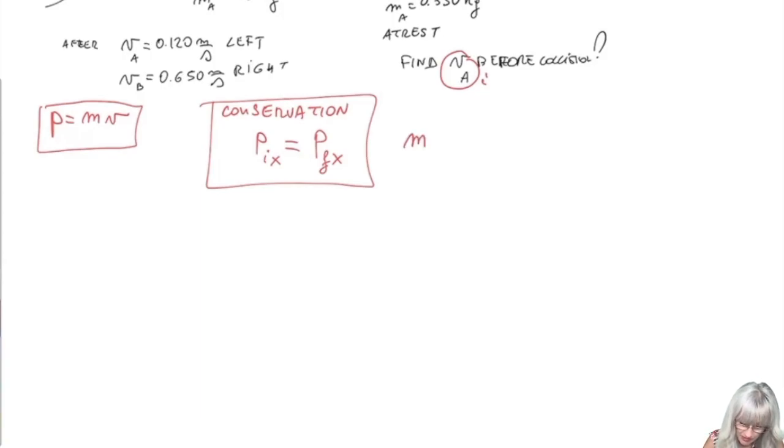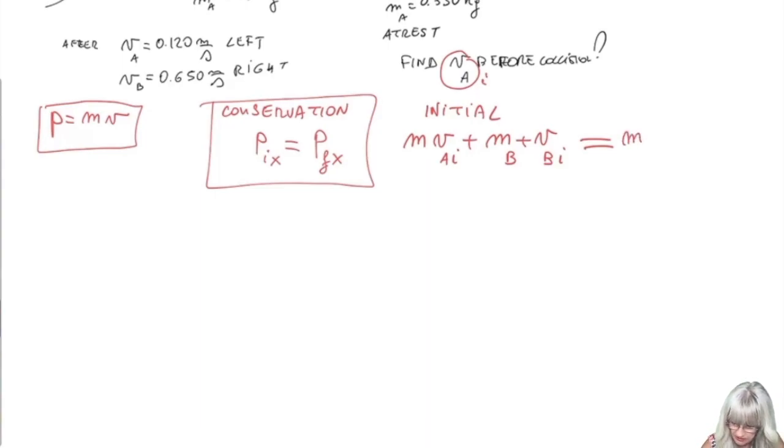It says mass A, velocity of A initially, plus, there are two bodies, mass B, velocity of B initially, equals, so this is all initial momentum, equals the final, so it's going to be mass of A, velocity of A final, plus mass of B, velocity of B final.